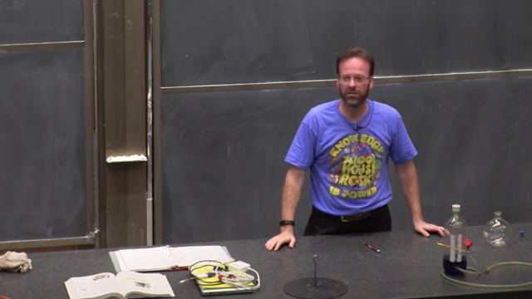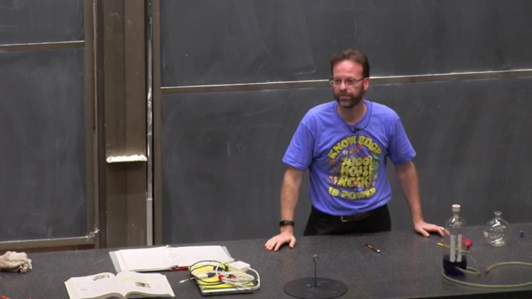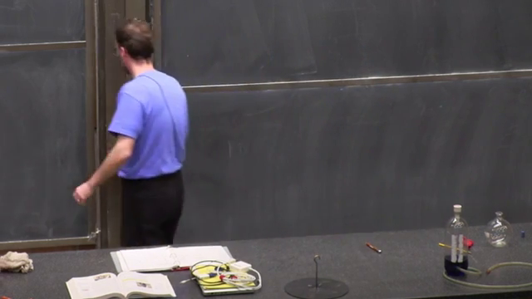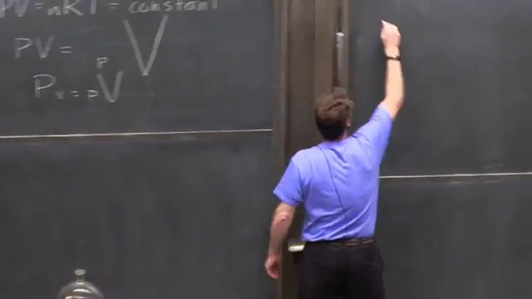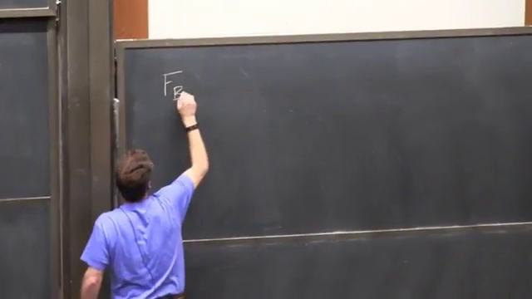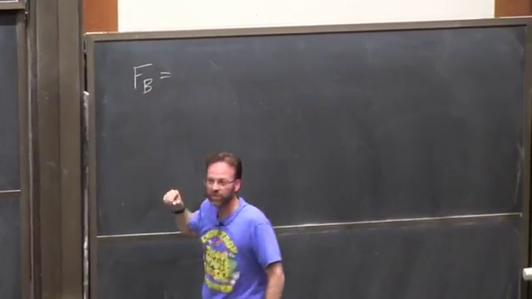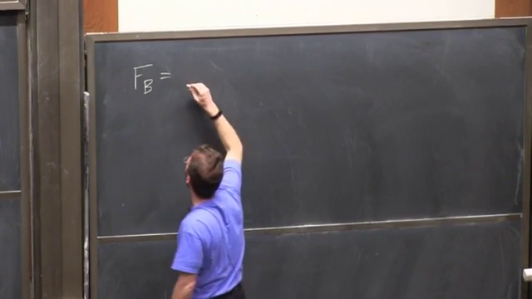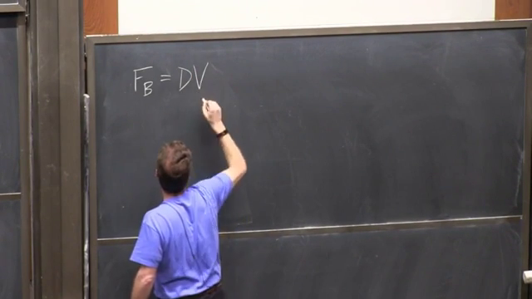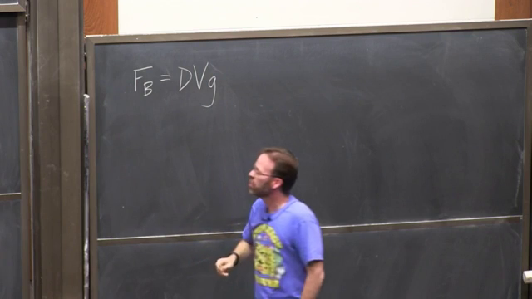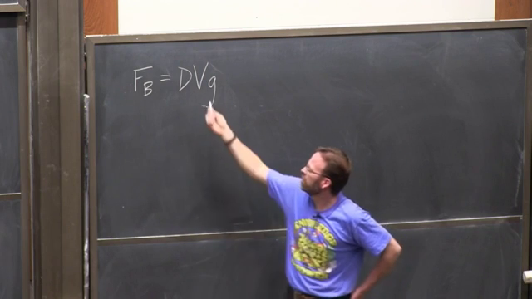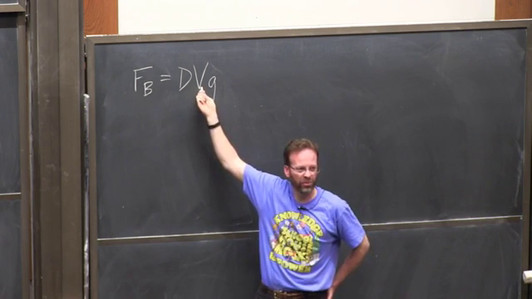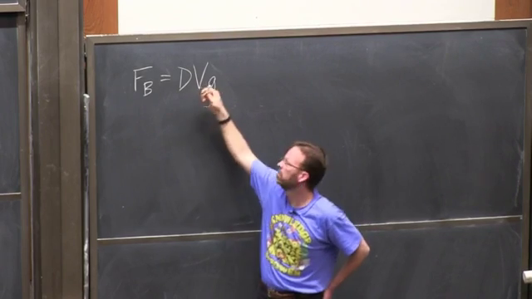So the density decreases also. Let's see, what was buoyant force? It's not depth dependent, it's volume dependent. dVg. So the volume gets bigger because the pressure decreases, right?